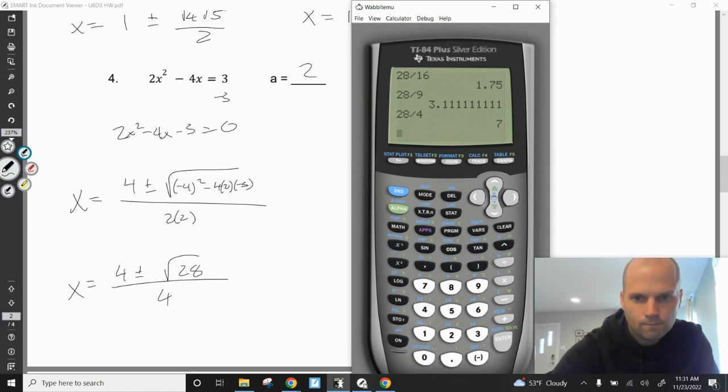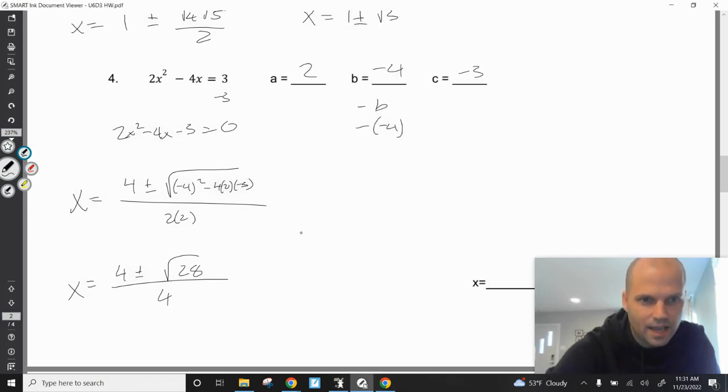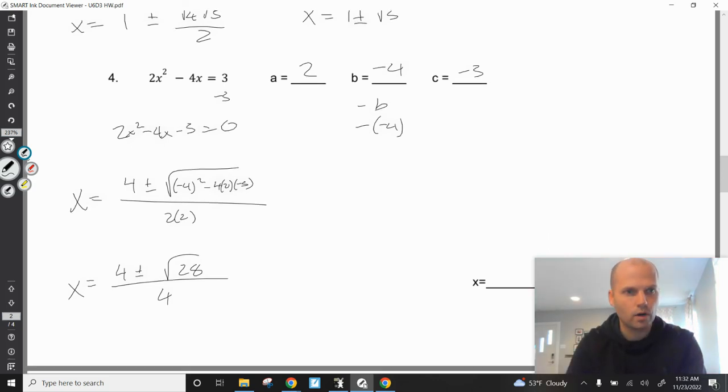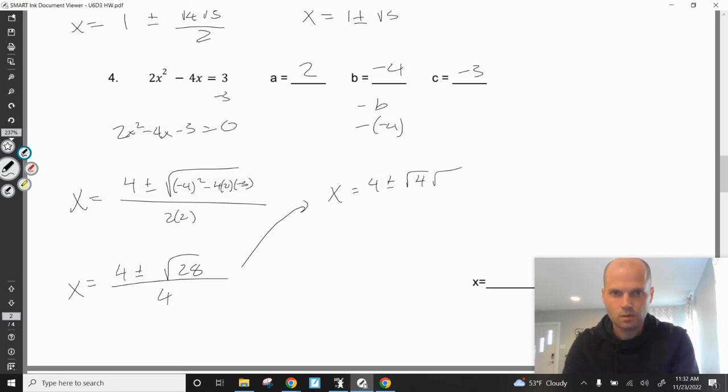So 4 times 7 is 28. So root 4 and root 7 multiplied is root 28. The reason why we turn that into root 4 root 7 is because the square root of 4 is 2.